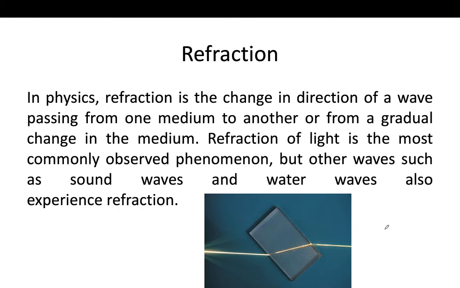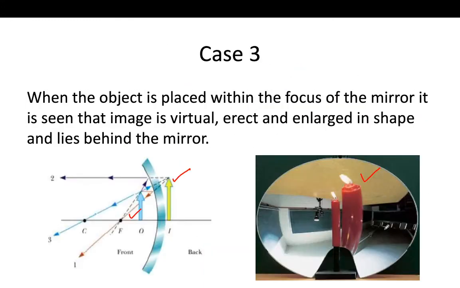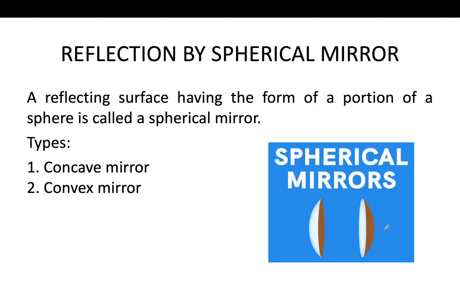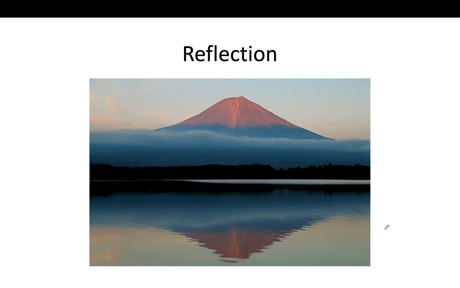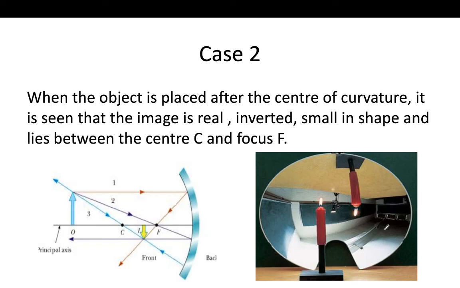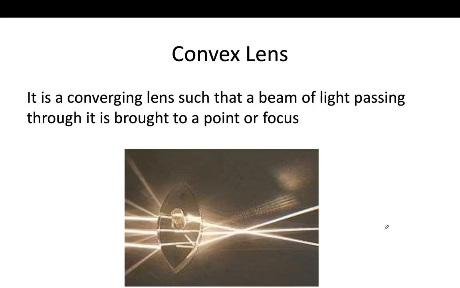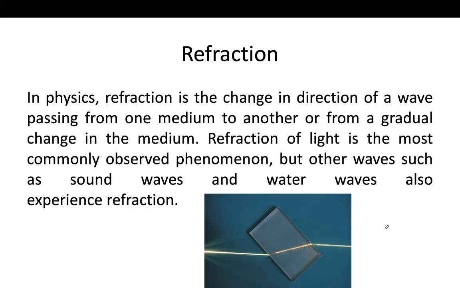So these were all the parts of reflection, and now we study refraction. What is refraction? In physics, refraction is the change in direction of a wave passing from one medium to another, or from a gradual change in the medium.